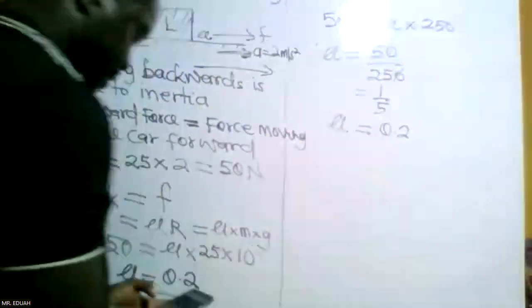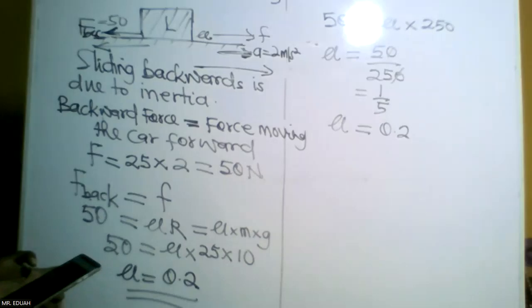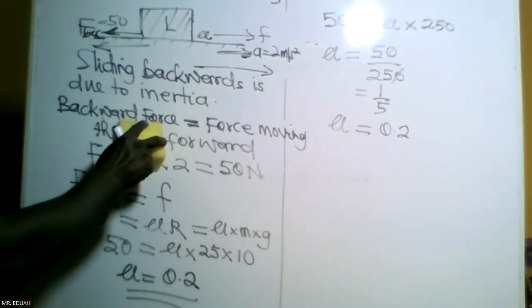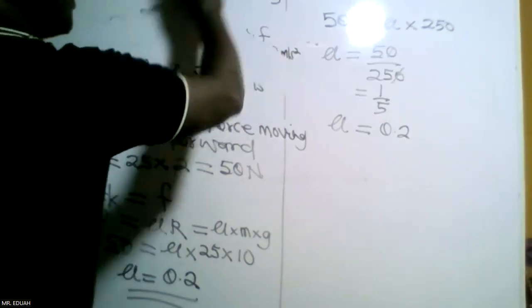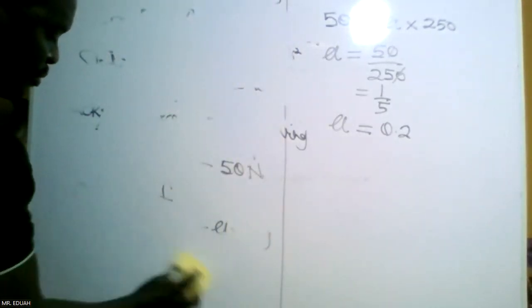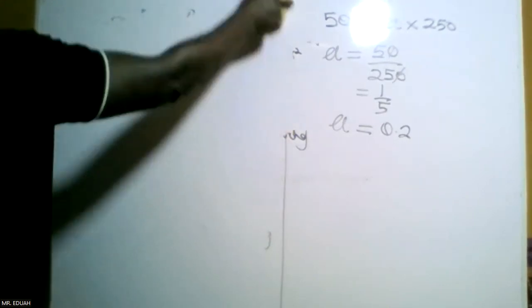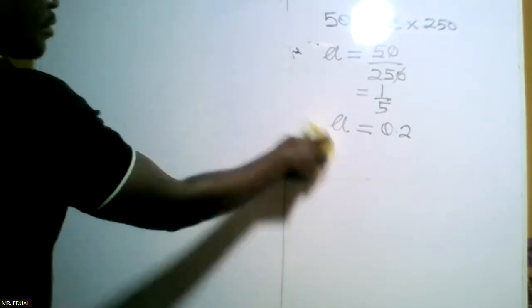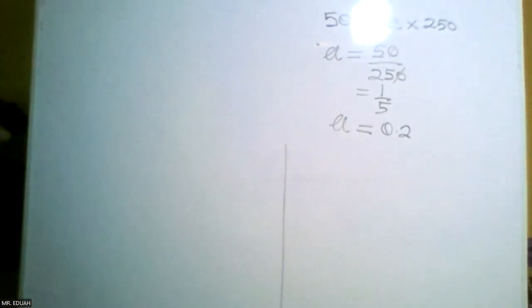So we are told that a mass of 6 kilograms rests on a rough horizontal table.